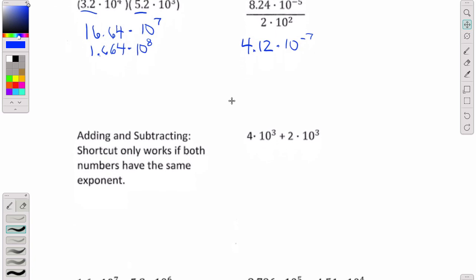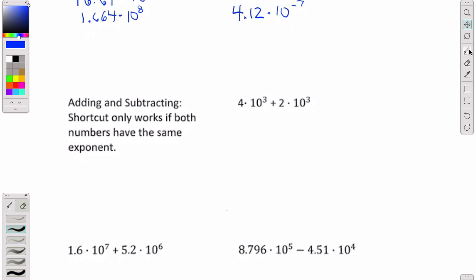So, for example, if I have 4 times 10 to the third plus 2 times 10 to the third, we're really saying 4,000 plus 2,000. Well, 6,000. We can do that mentally. And the shortcut would just be add the 4 and the 2, keep your exponent and the power of 10.